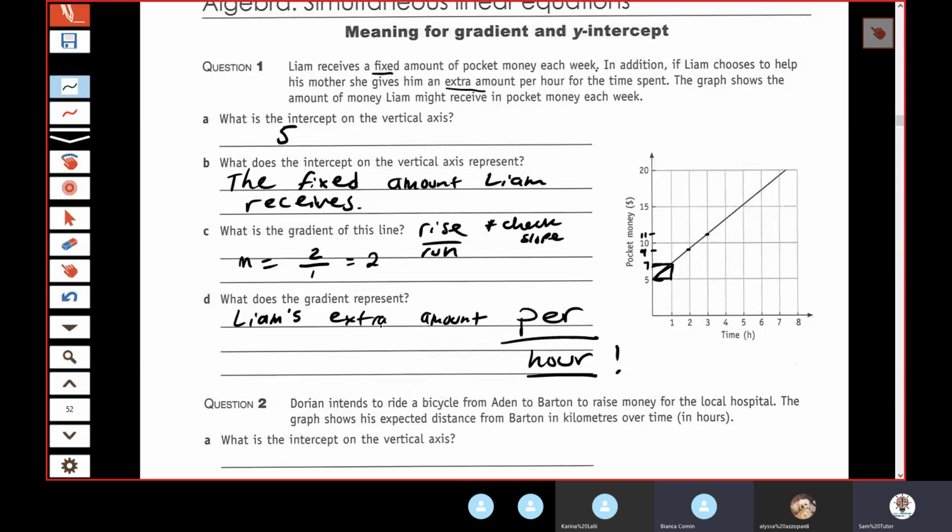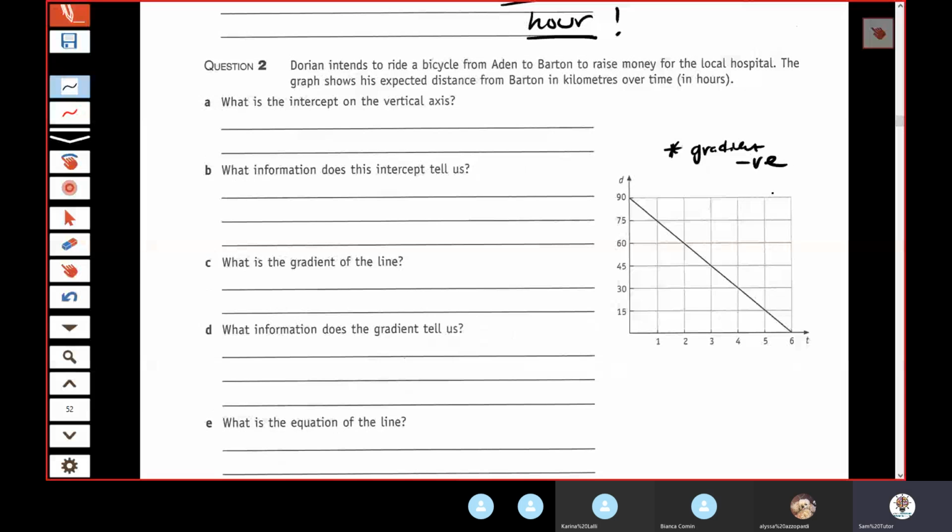Before I start, in your exams, if the gradient is negative, it's something you don't want to forget. It's very easy to say rise over run is, let's say, 5, but then forget that it's actually -5. So little things like that that you think you'll forget as you do the question, just write them down real quick.